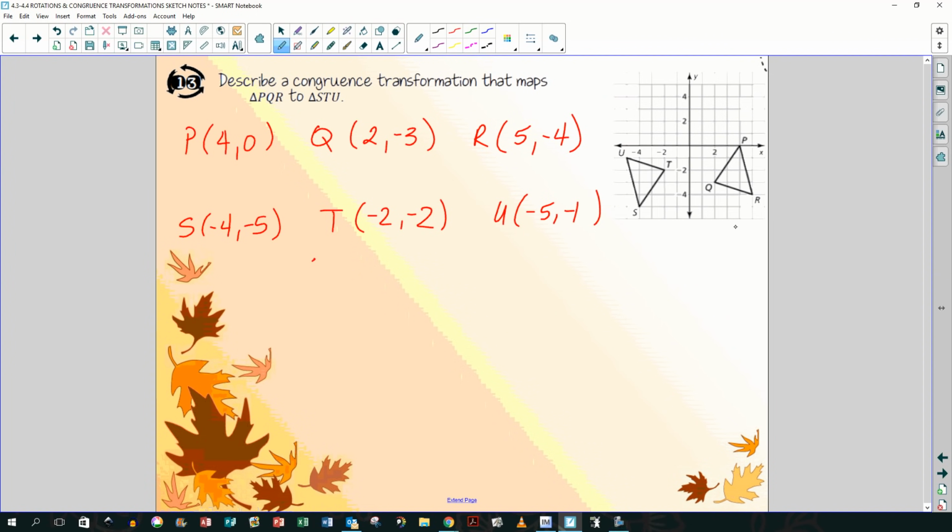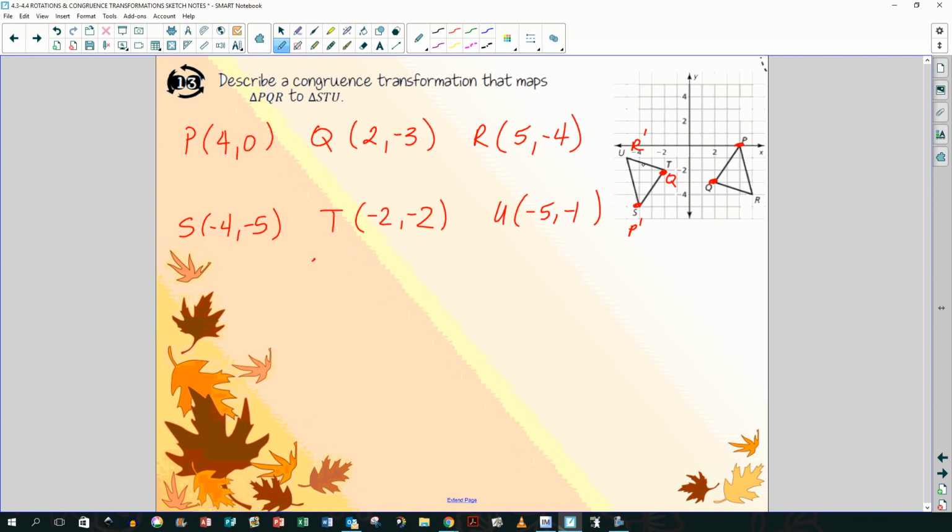So notice it's not just a simple slide because point P pairs with this one, so it's actually been rotated. So if I rotated it around, then Q is going to go with T, so this would be P prime, Q prime, and this one would be your R prime if you think of it like that.